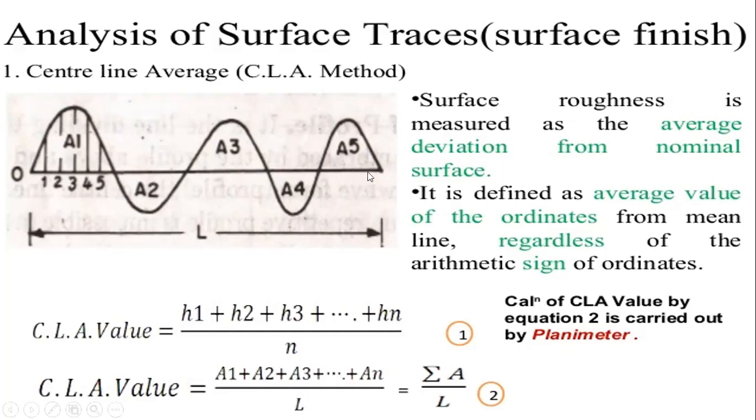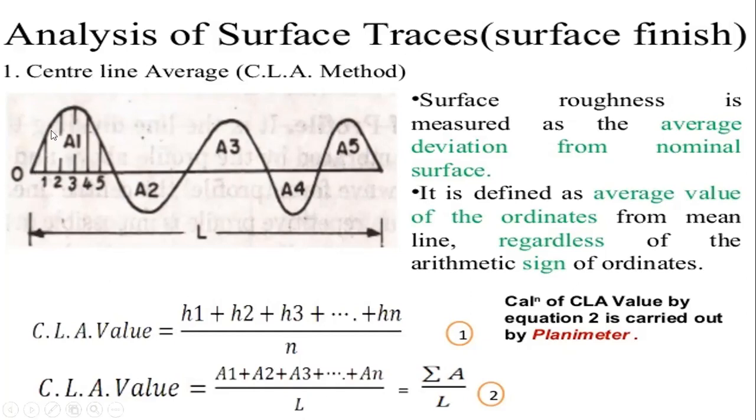This is the CLA method diagram. We draw a nominal surface, and the positive and negative loops are drawn as the areas A1, A2, A3 and so on. When we have obtained six areas, we label them A1 to A6.